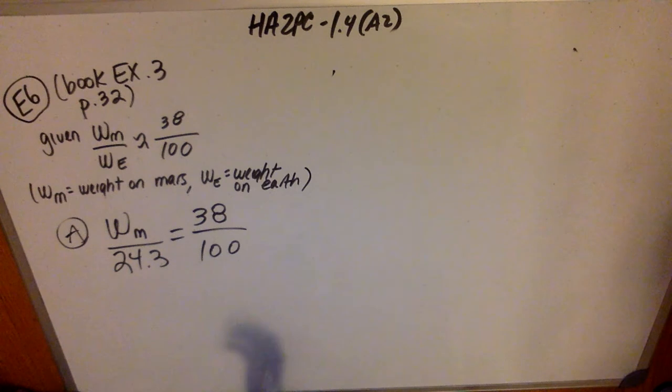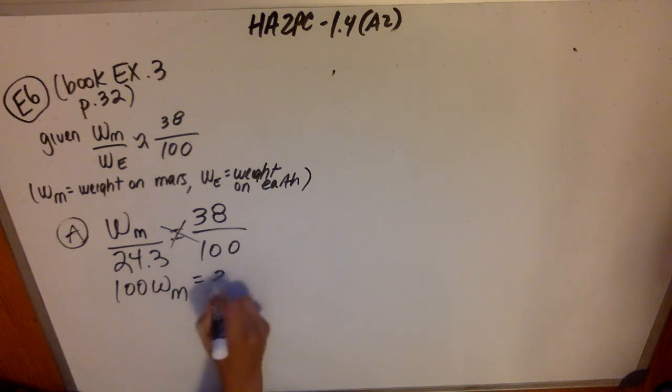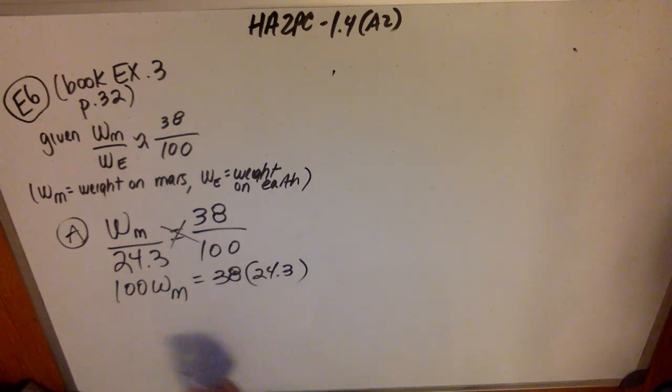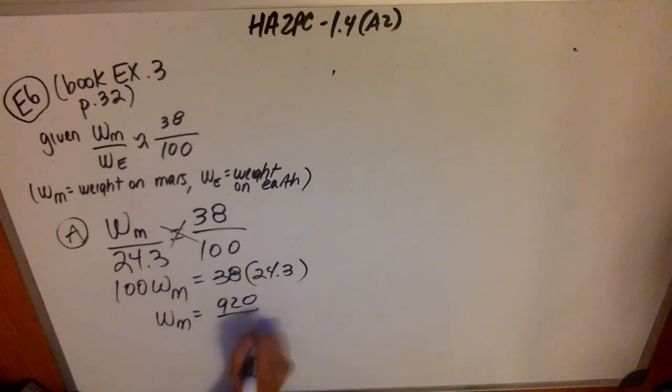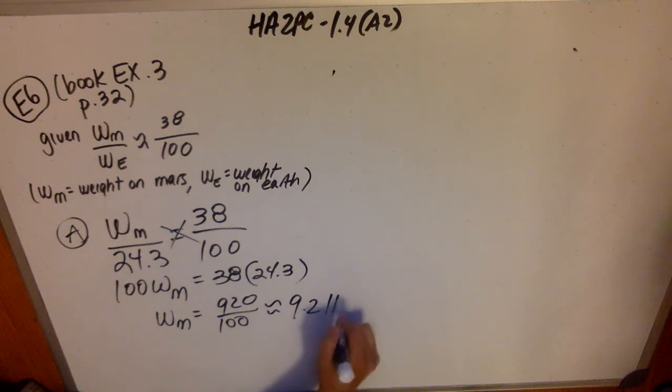So I can cross multiply, because it's a proportion, so I get 100 Wm equals 38 times 24.3, which it would seem comes out to be about 920. So that's 920 divided by 100, so I get that this thing is apparently approximately 9.2 pounds on Mars.